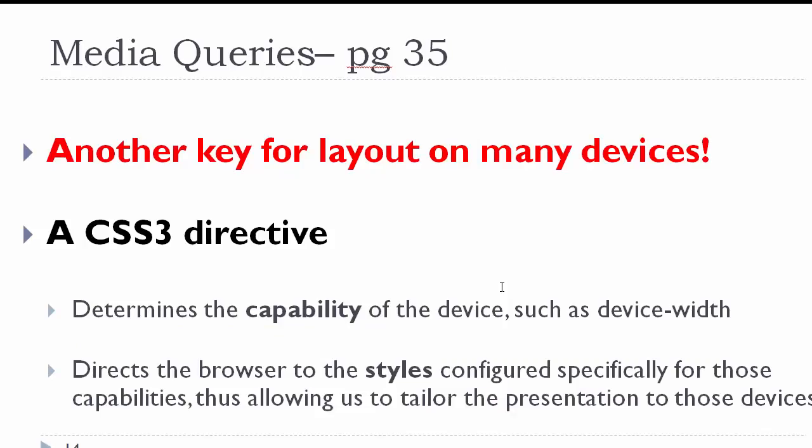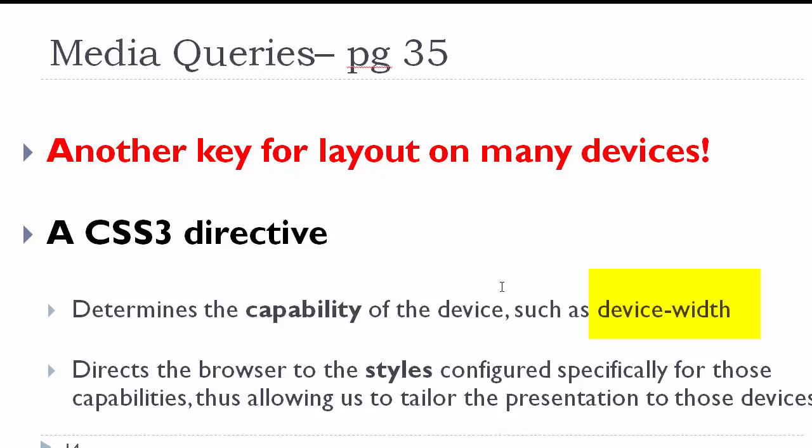Media queries are the heart and soul of responsive design. A media query is essentially a CSS3 directive. It is some code that determines the capability of the device, such as the device width, and that's primarily what we will be concerned with.